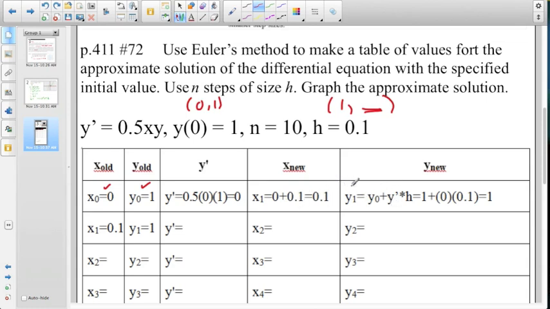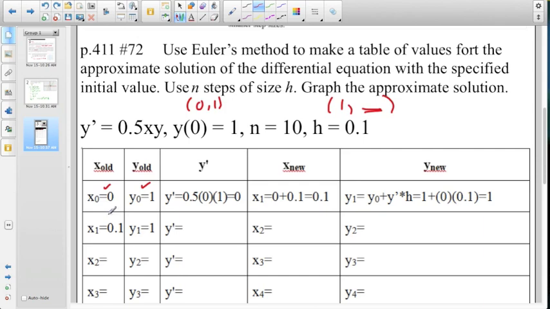Then we can approximate the new value at 1/10 over. The new value for x is 1/10. The new value for y is 1 plus the slope times the step. The slope is 0, so the new value of y is 1.